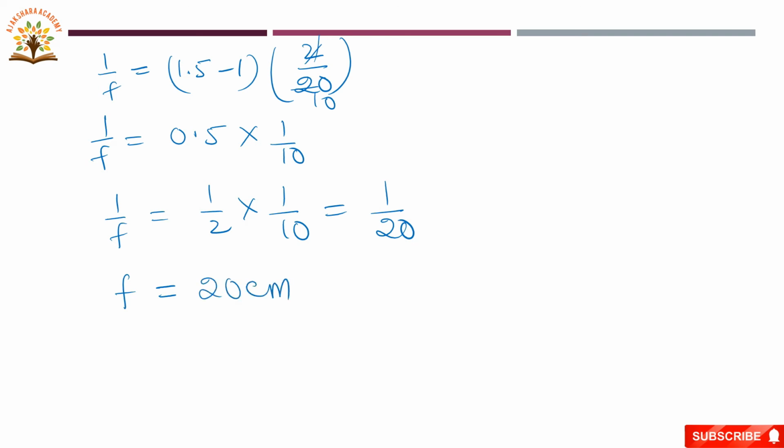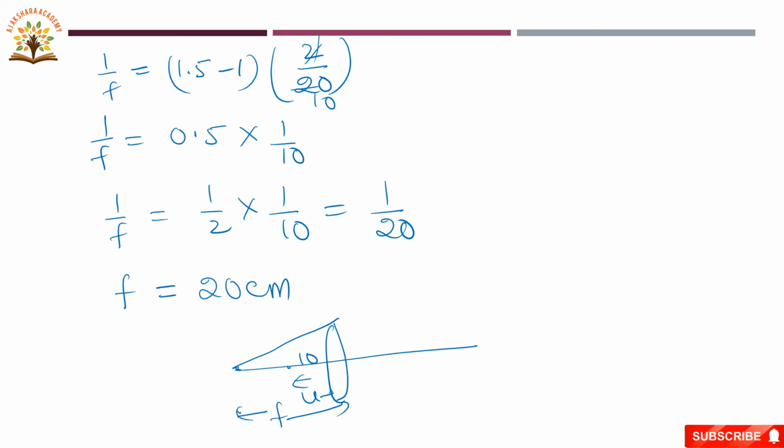So this is a convex lens, and we are placing the object here. Object distance u is given as 10 centimeters, and from here to here is the focal length.